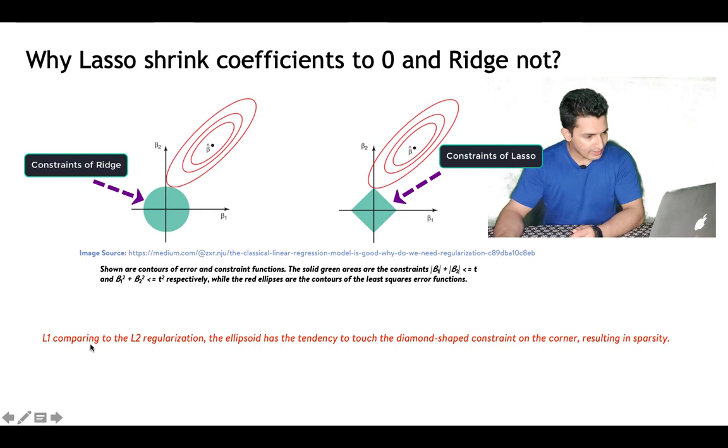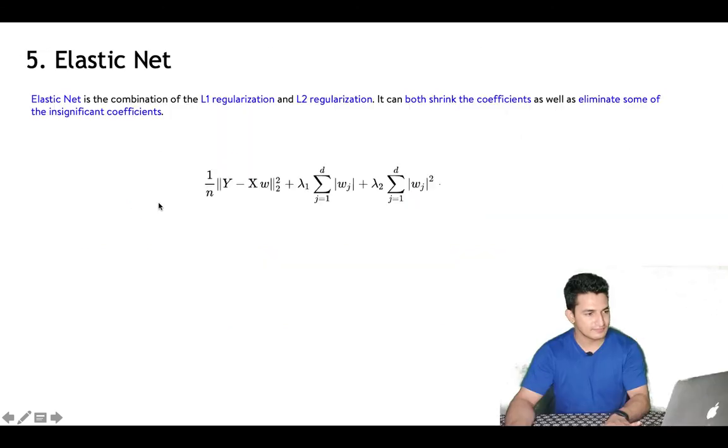If you see the L1 compared to L2, the ellipsoid has a tendency to touch the diamond-shaped constraint at the corner, and what will happen in the corner? Beta 1 will be 0 and beta 2 will have some value, while in the ridge case beta 2 will have some value, and beta 1 will be close to 0 but not exactly 0. So the capability of the ellipsoid to touch one of the corners is more because of the way constraints are set in lasso, in contrast to the ridge constraints.